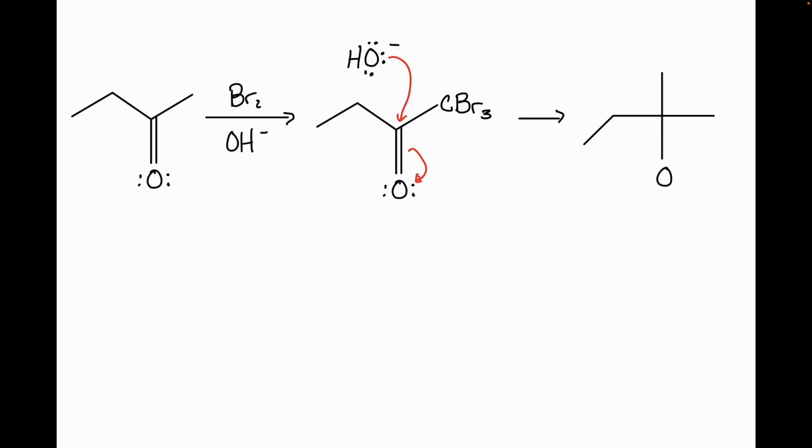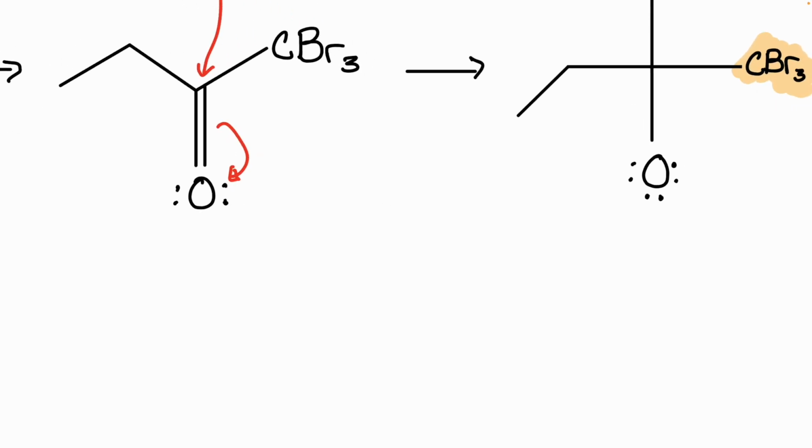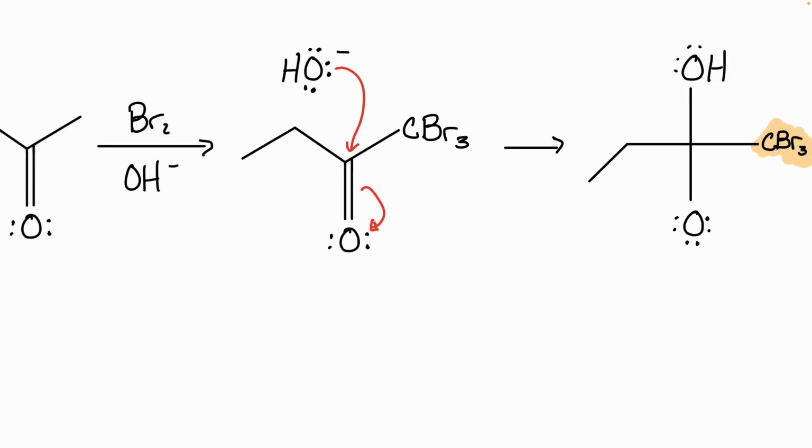All right, and normally we wouldn't be really concerned about this here, because when we get our tetrahedral intermediate, what question do we ask ourselves? Is there a good leaving group? And normally the answer would be no for an aldehyde or ketone, because we can't really kick off carbons or hydrogens. An exception, though, is when they are bound to three halogens.